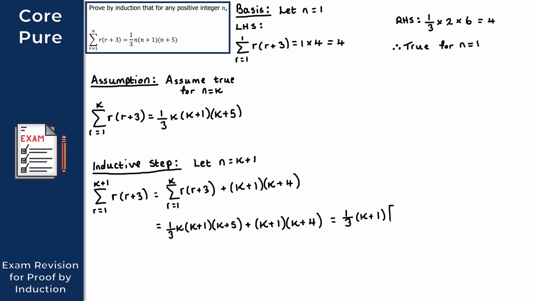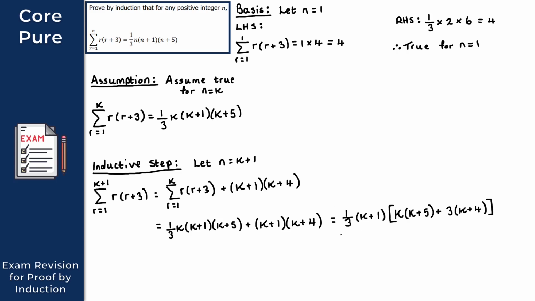Well, I get k times k plus 5. We then also have this part here, and I must times it by 3 because we factored out the 1 over 3, so I get 3 lots of k plus 4.